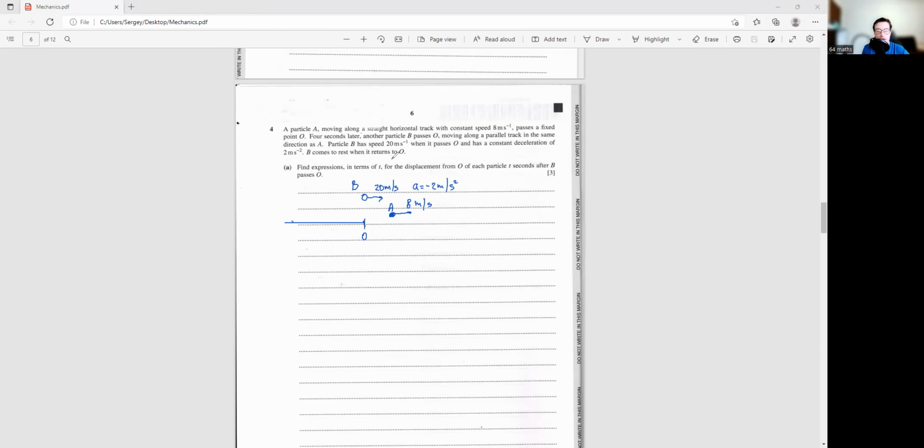Find expression in terms of t for displacement from O of each particle t seconds after B passes O. So that's very important. Now that means we start counting the time when B is at O, so time equals 0 at this particular situation.